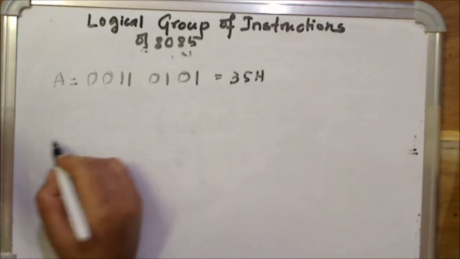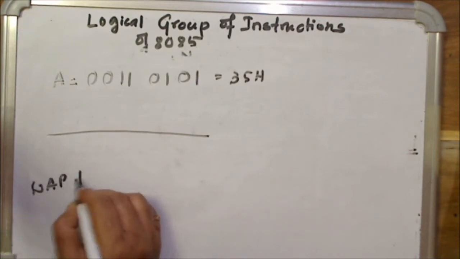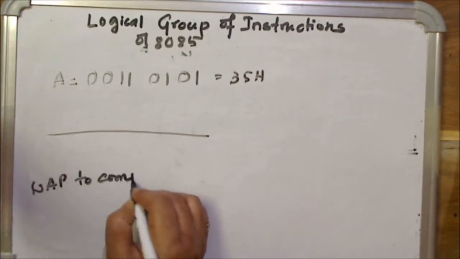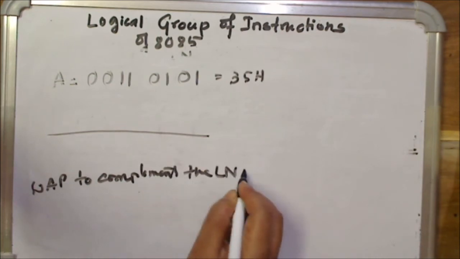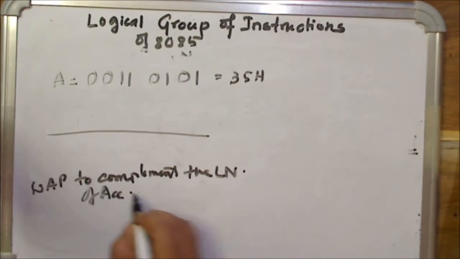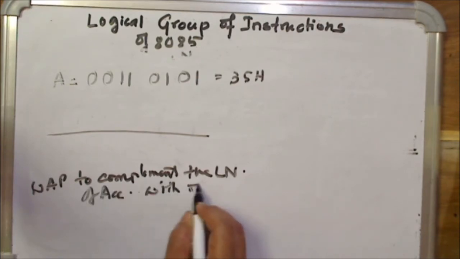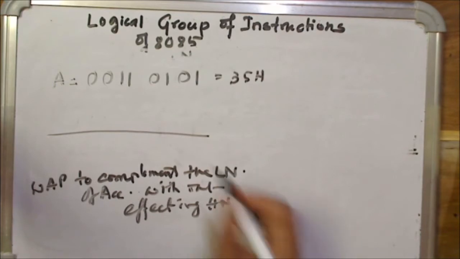Now I am telling you, write a program to complement the lower nibble of the accumulator without affecting the higher nibble. That is, the higher nibble will remain as it is and the lower nibble will be complemented.